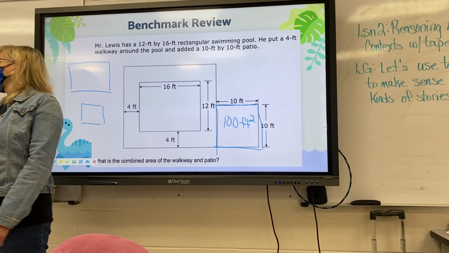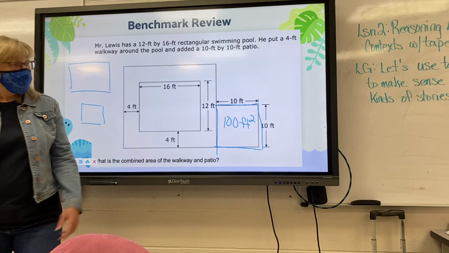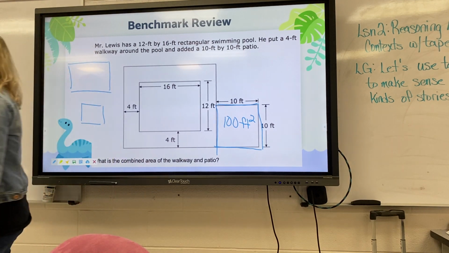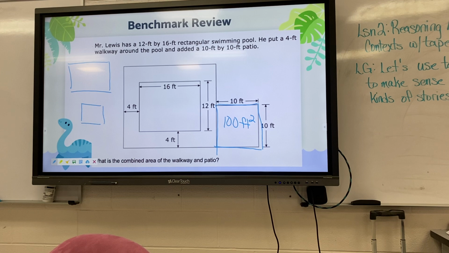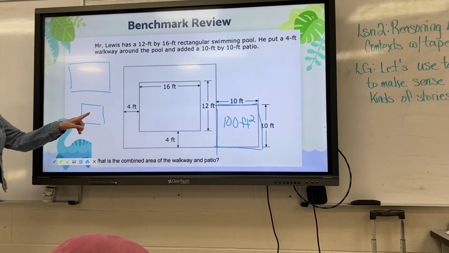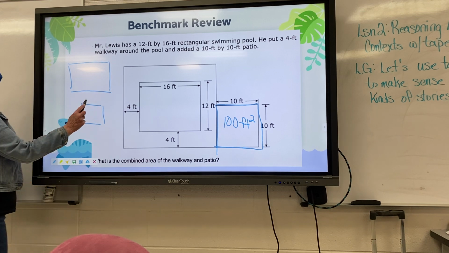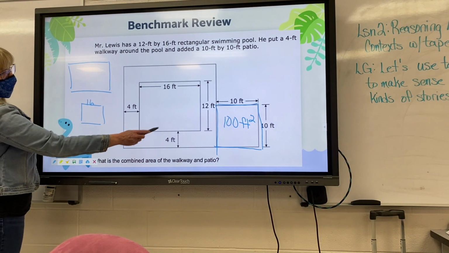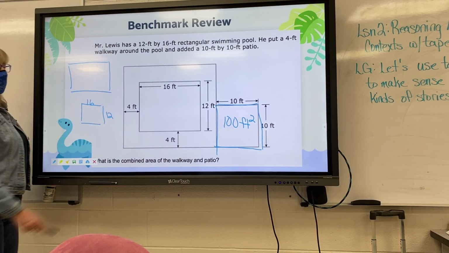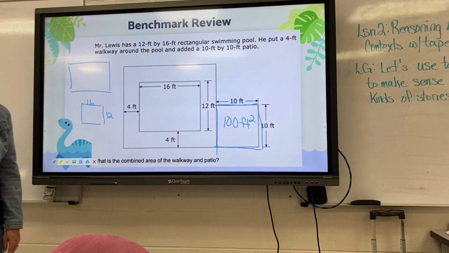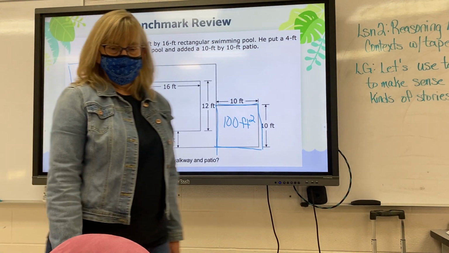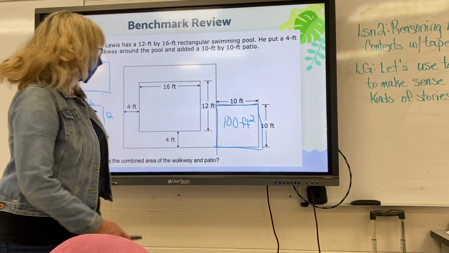Michael, how'd you get 100 feet squared? 10 times 10, like length times width, base times height, side times side, however you want to think of it. All right, now, the little rectangle, the pool, is 16 by 12. So what's the area of the pool? 192 feet squared. Okay.